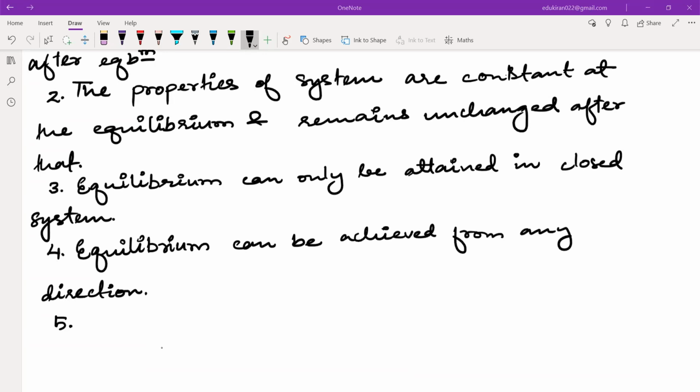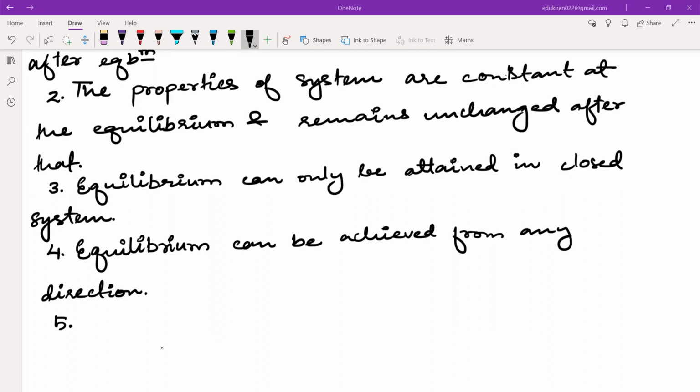So a catalyst has something to do with time. Now, if I add a catalyst to the system, what will it do? It will get the reaction to achieve equilibrium faster. The equilibrium will be attained quickly, but it will not alter the equilibrium point.